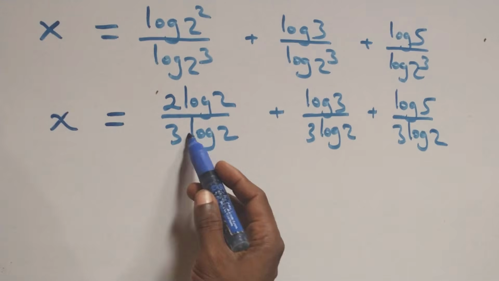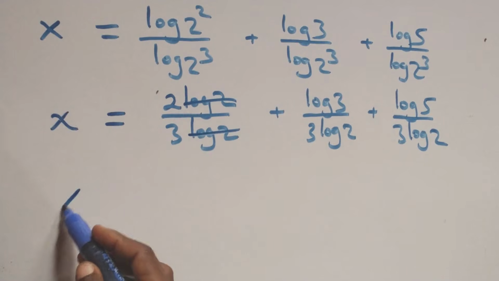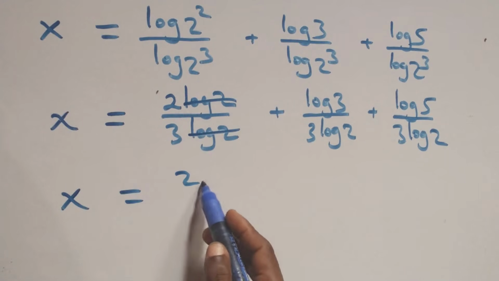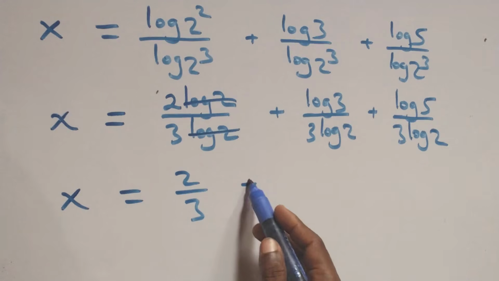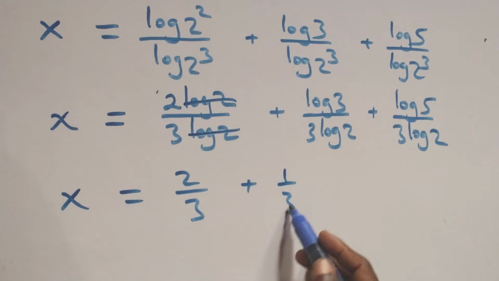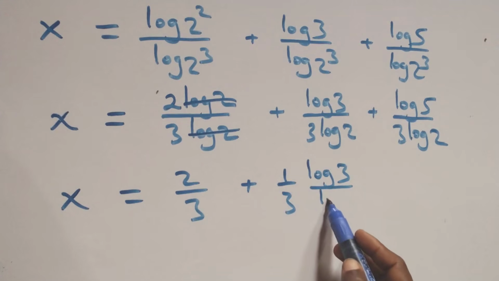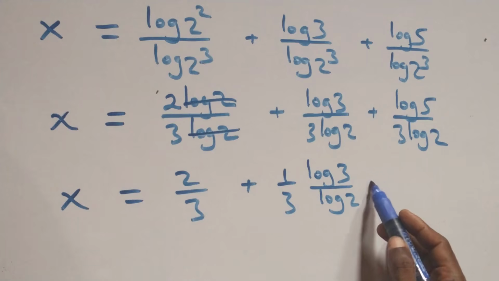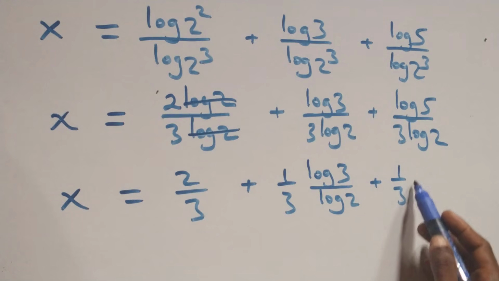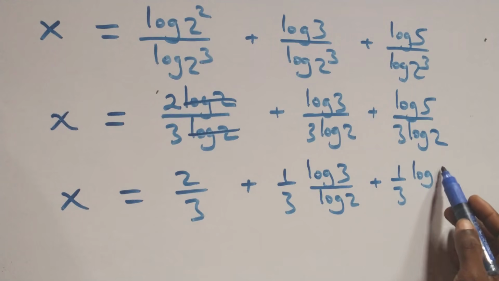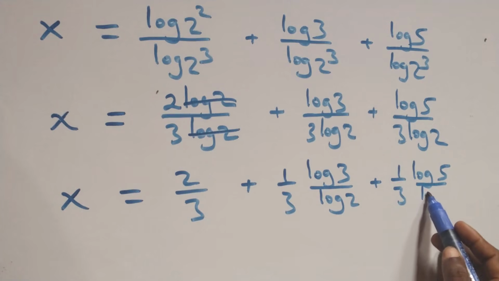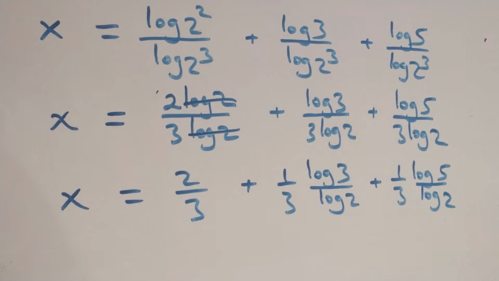Here, we have log 2 cancelled each other. This becomes x equals 2 over 3 plus 1 over 3 times log 3 over log 2 plus also 1 over 3 times log 5 over log 2.